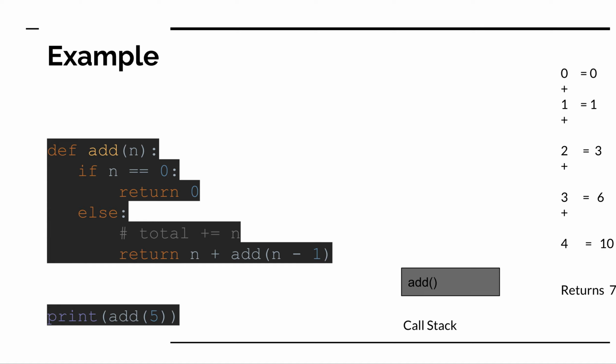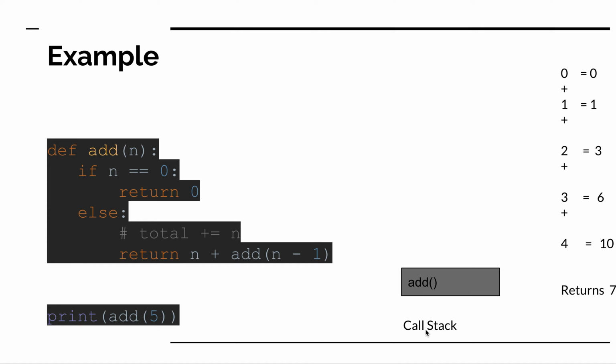For example, I'm calling add 5, so this function is basically doing 5 plus 4 plus 3 plus 2 plus 1 plus 0. I'm taking Python as the programming language here, but the logic is the same for any other language like Java, C, or more advanced languages like Scala.